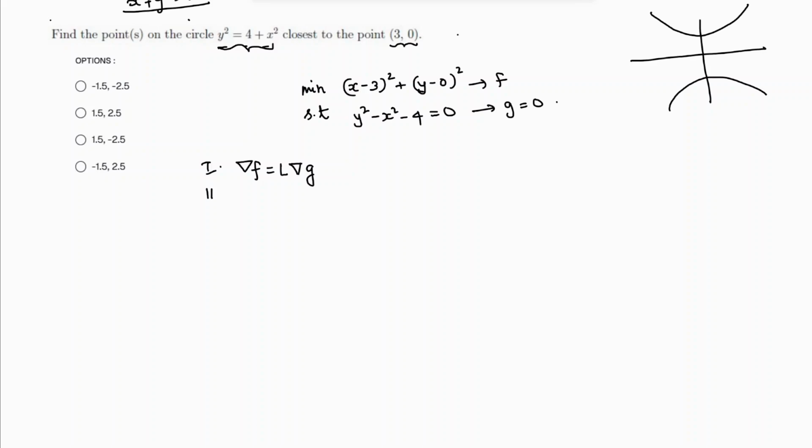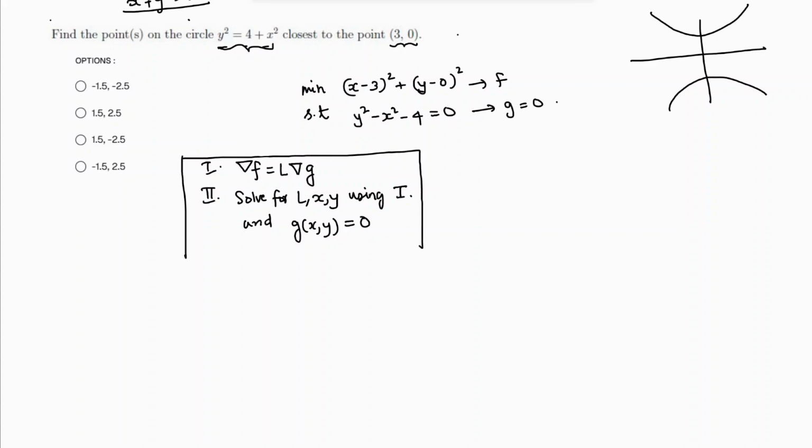And then solve for L, x and y using this equation, and you also have to use the fact that g of x comma y is equal to 0. Here what is g of x comma y? It's nothing but y square minus x square minus 4, okay?